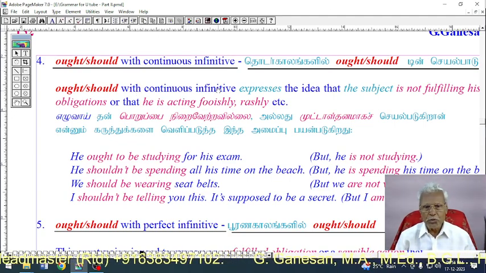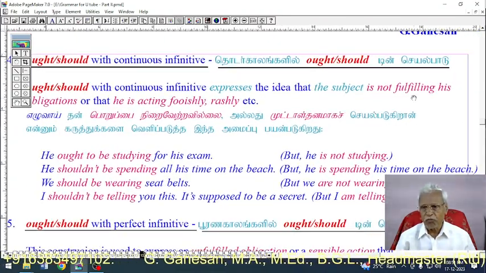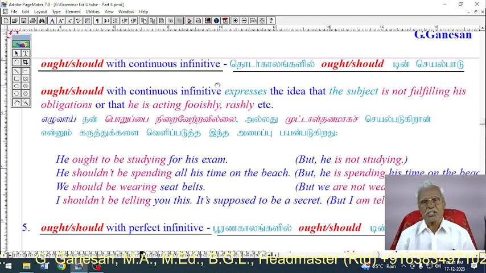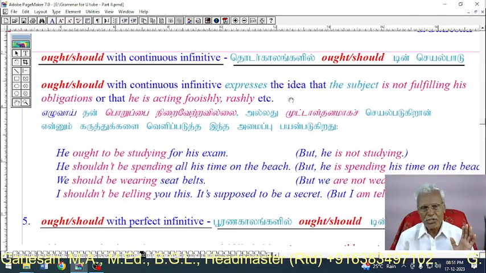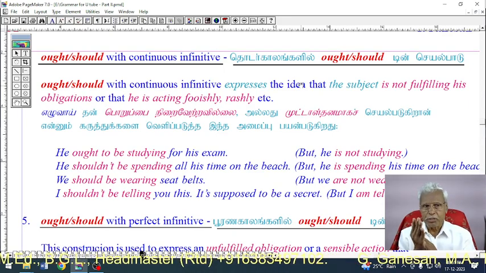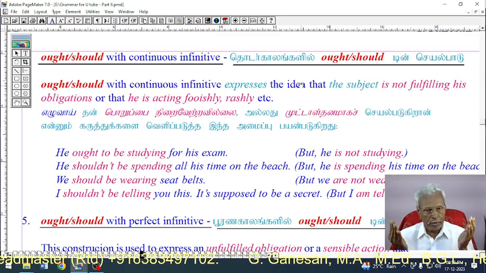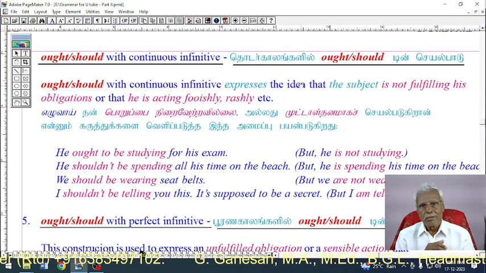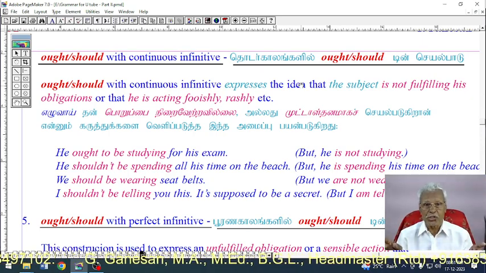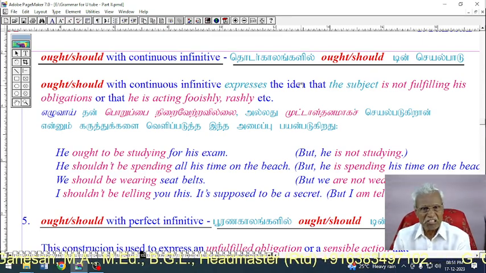Ought or should with the continuous infinitive expresses the idea that the subject is not fulfilling his obligations, or that he is acting foolishly or rashly. So that is used in the present tense. Should plus present continuous implies that one is not fulfilling his obligation, or is doing something rashly or foolishly.